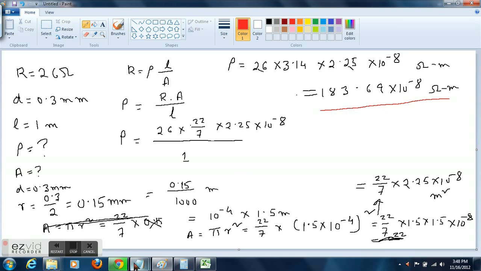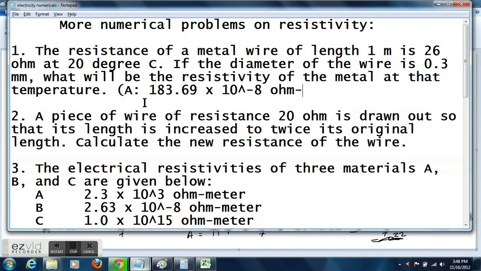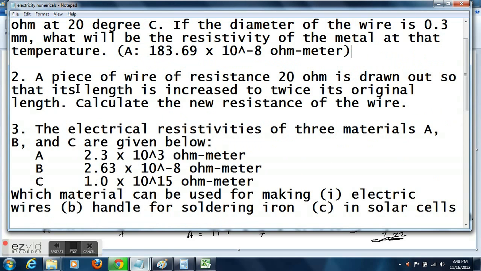So let us write the answer. Okay, so this is the answer for the numerical problem number 1.